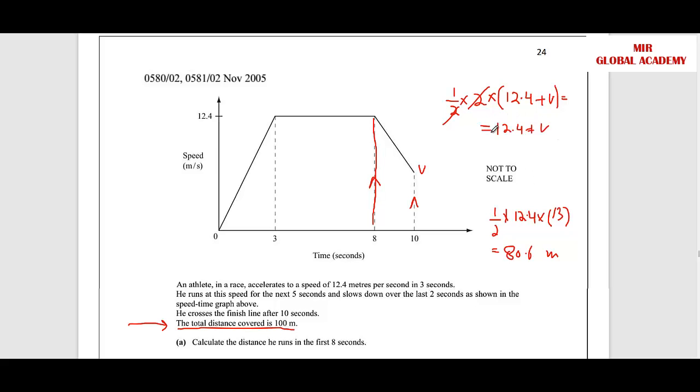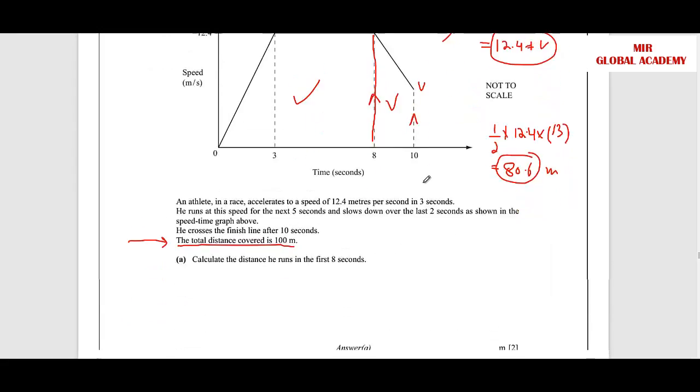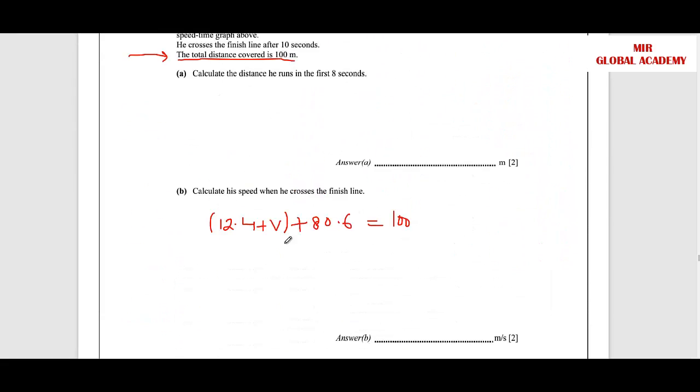So the sum of the distance of this one and this one will be equal to the total distance covered, and that is 100 meter. So the sum of these two will be equal to 100 meter. Once again, the area of these two portions will be the total distance covered, which is 100.